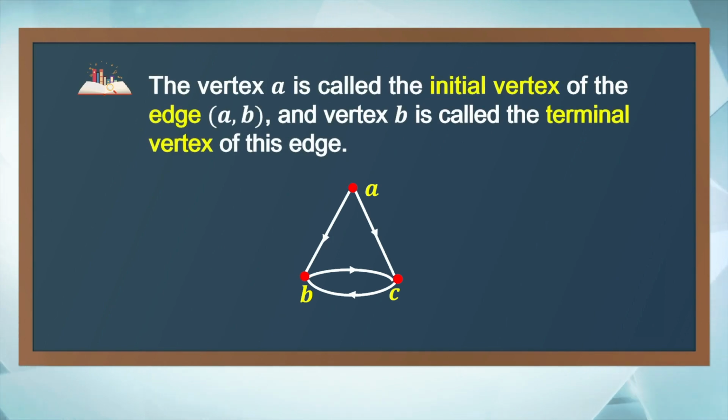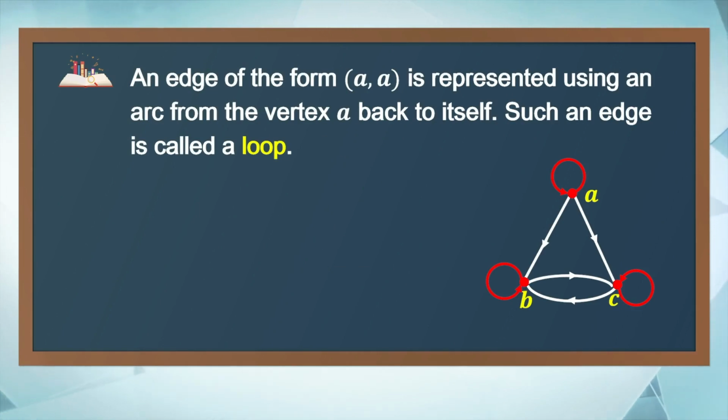The vertex A is called the initial vertex of the edge, and vertex B is called the terminal vertex of the edge. An edge of the form (A, A) is represented using an arc from the vertex A back to itself. Such an edge is called a loop.